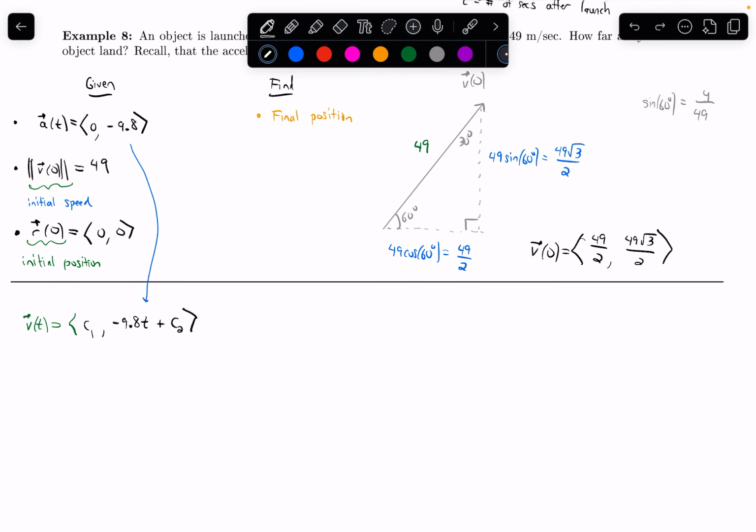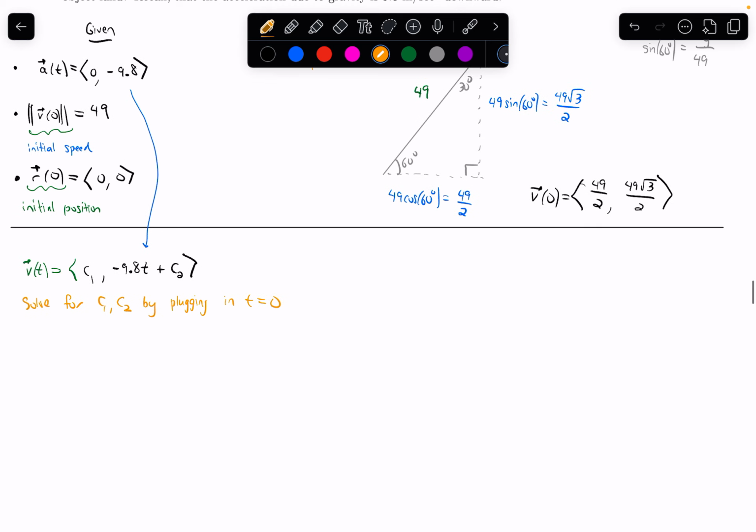So I can now solve for the C1 and C2 by plugging in our value for t, which is 0. Okay, so doing that, I get my velocity. When I plug 0 in, I get C1, and then comma, this becomes 0, and then plus C2.